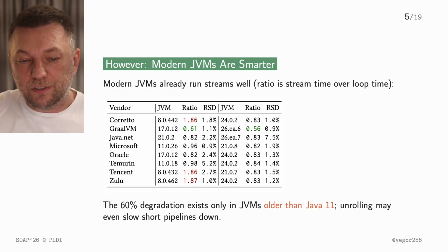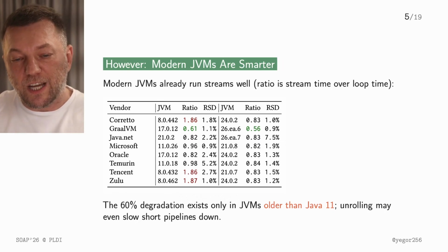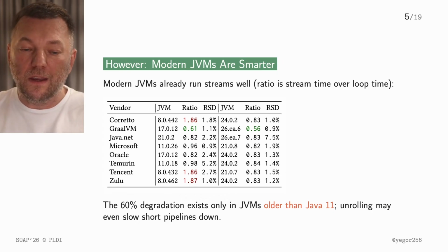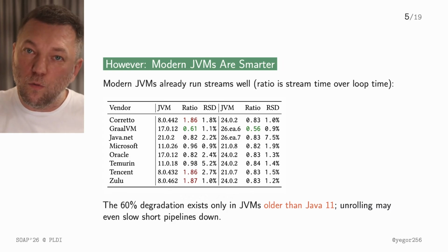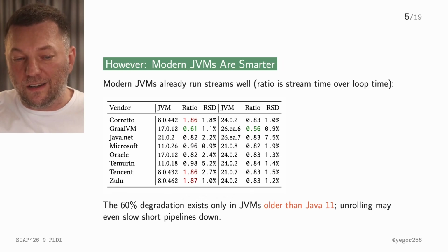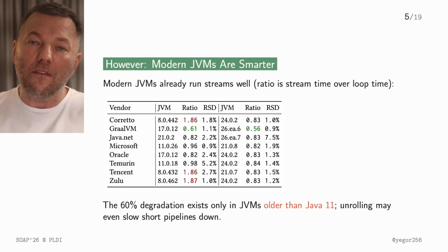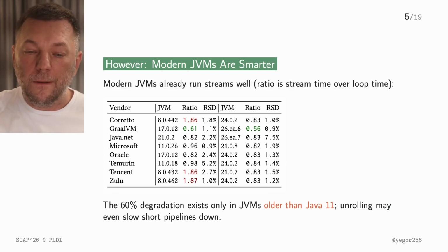The number in the ratio column is the time taken by the stream pipeline divided by the time taken by a loop, which is doing exactly the same. On earlier versions like 8 or 11, the numbers are obviously not in favor of Stream API. Loops are faster, to put it simply.